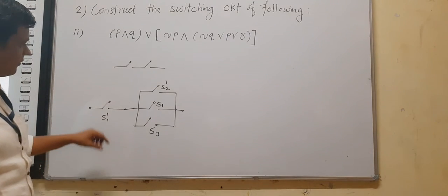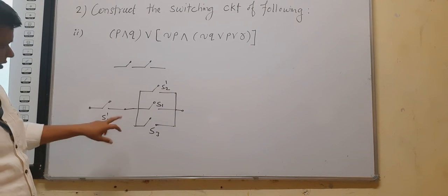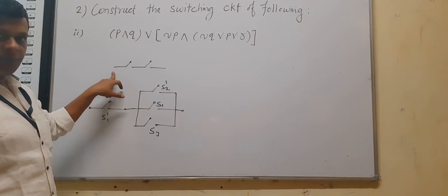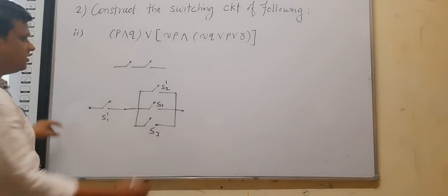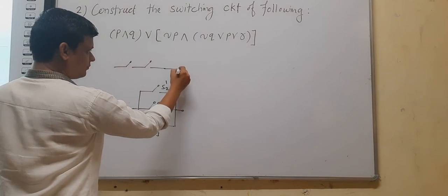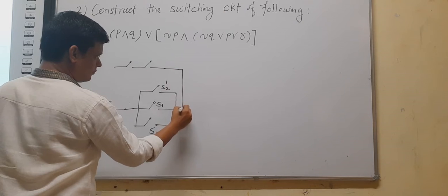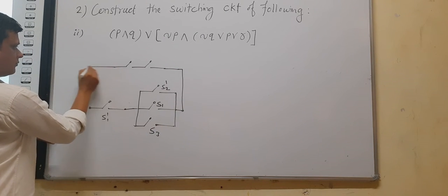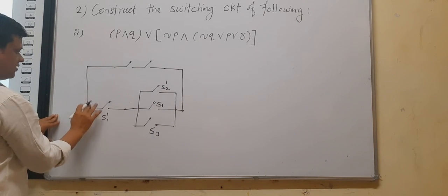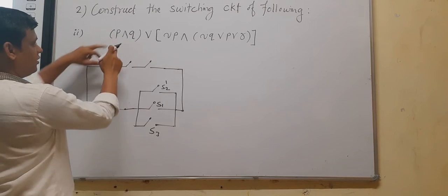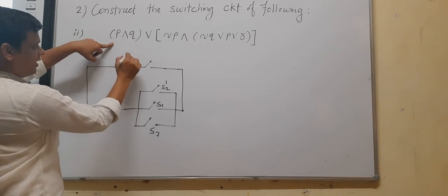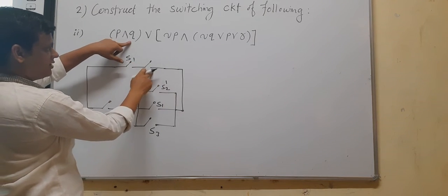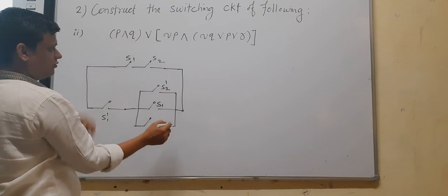Now we have to connect this second circuit with this first circuit in parallel combination. This is parallel combination. Now the first switch is P, that means S1. The second switch is Q, that means S2.